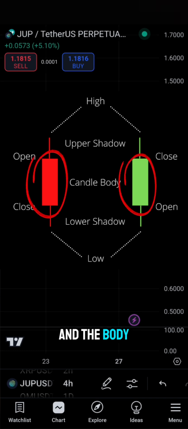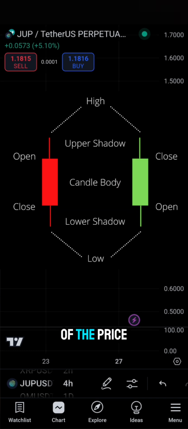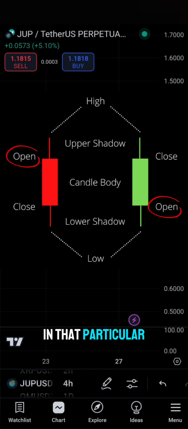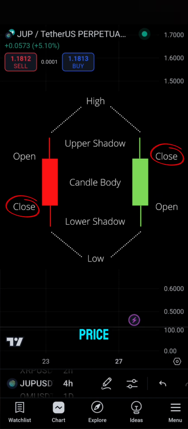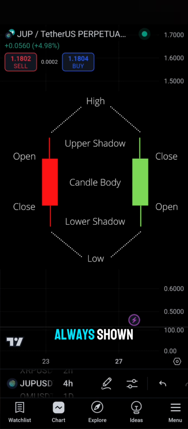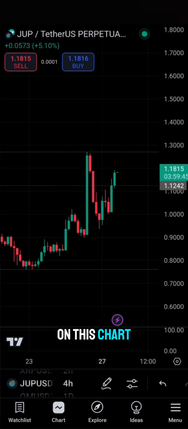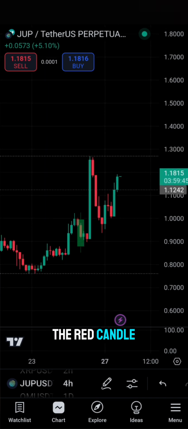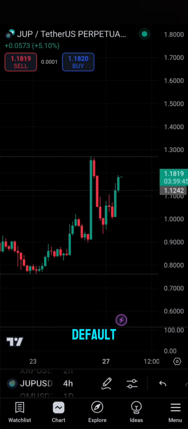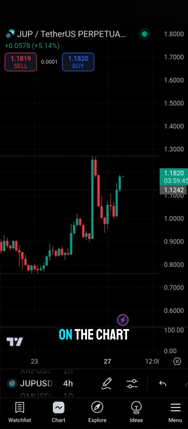And the body is a representation of the price difference between the opening price in that particular trading session and the closing price in that particular trading session. And there are two types of candle that are always shown on the chart: the red candle and the green candle. These are the default colors that we most often find on the chart.